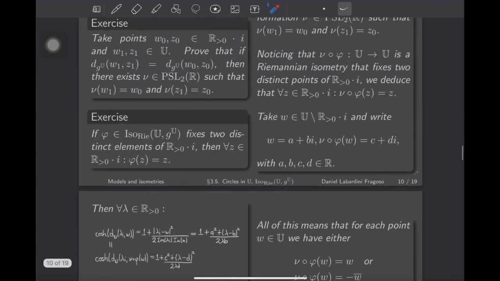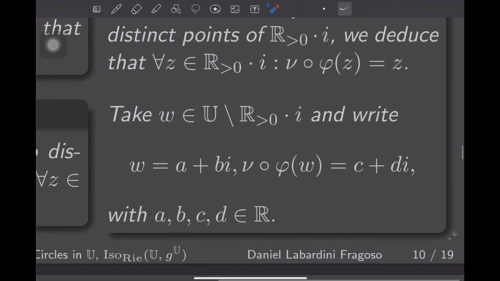So here you see, what can I say? Okay, so I have the x-axis, the imaginary axis, and somewhere here is w, and you see they sit at the same height, this and its image.